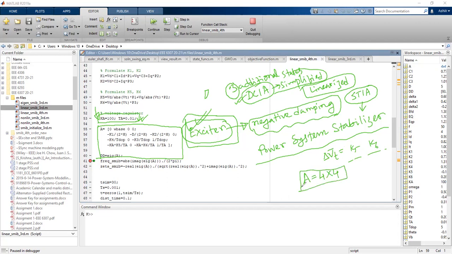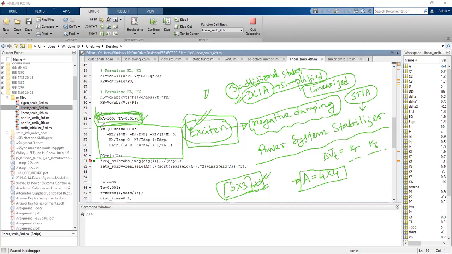We checked the stability for the 3 by 3 and found that for this specific operating point, the system was small signal stable. However, with the inclusion of this exciter block with this set of parameters, the same 3 by 3 system, which has now become 4 by 4, becomes unstable. That is because of the negative damping created by the exciter in the system.